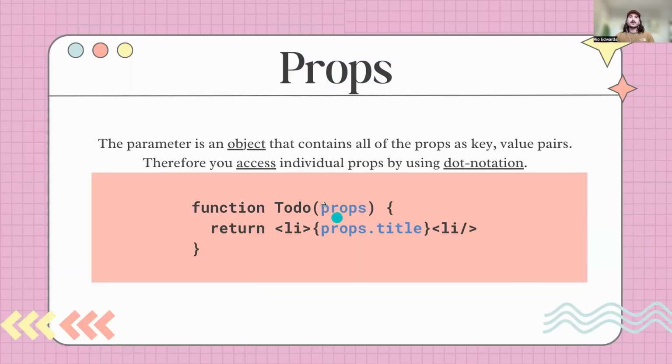The parameter props is going to be an object that has all the different props as values. So you can use dot notation to access the specific ones that were passed in. So here we're receiving our props as an object that has all the different props, and then we're accessing the title prop using dot notation.